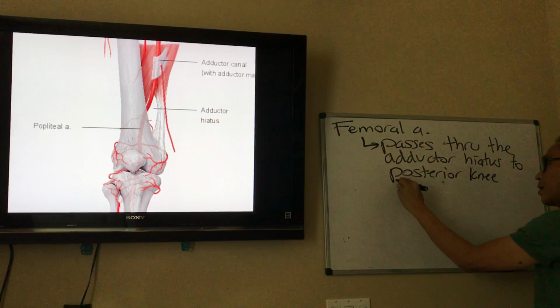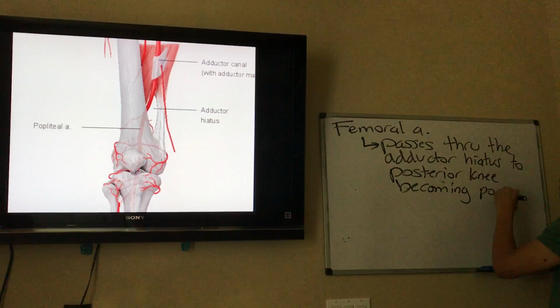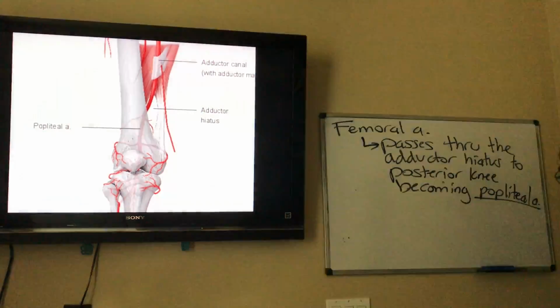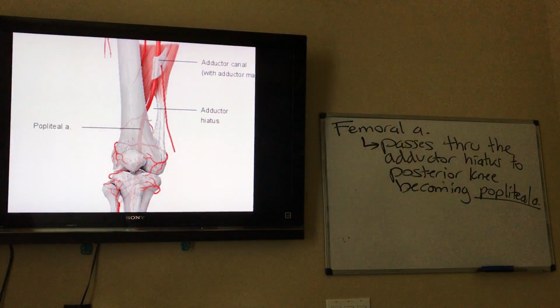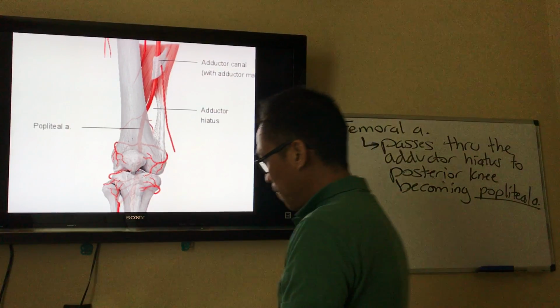So I'll say becoming popliteal artery. Sometimes pronounced popliteal. I don't know if there's a correct pronunciation there. But pretty much it's called that because the posterior knee region is called the popliteal region. So the artery has the same name. And the artery didn't change, just its name. It's kind of a little confusing thing there. Well, anyways, that's what we got in that picture.